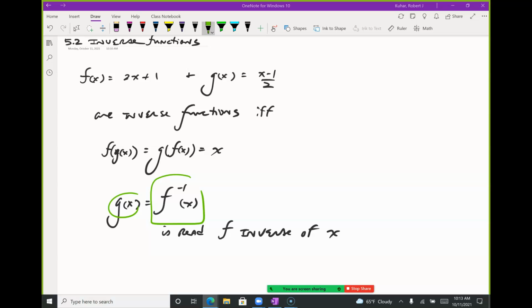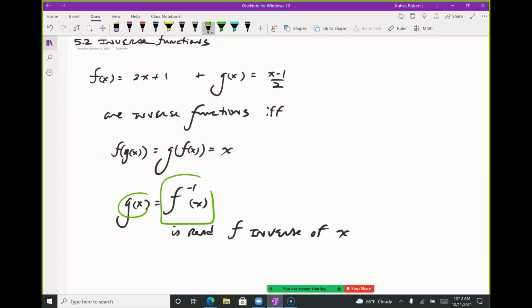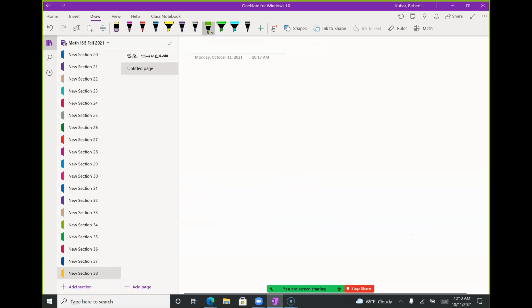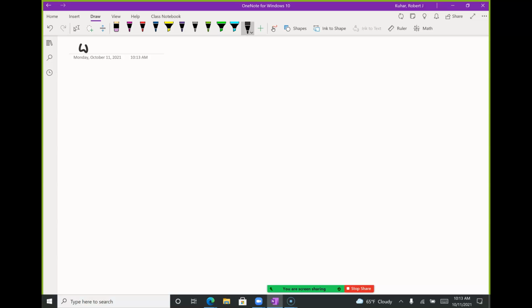So the question really is, when does a function have an inverse? Do all functions have inverses? No. So when does a function have an inverse?